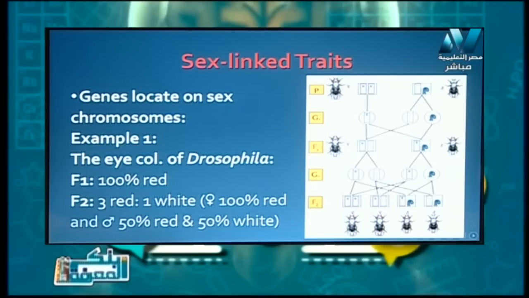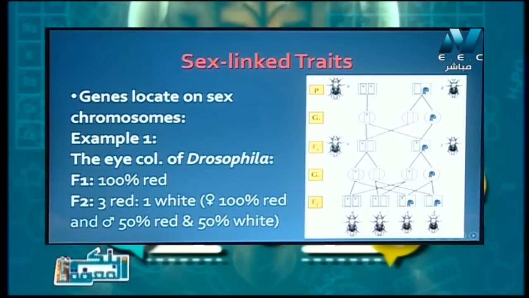As normal, we get the gametes, one of the two sex chromosomes, because remember, the gametes contain half the number of autosomes and half the number of sex chromosomes. So this gamete will contain only one sex chromosome with capital R, and the other individual will have two types of gametes, one containing the X chromosome with small r, and the other containing Y, which doesn't carry the genes for eye color.